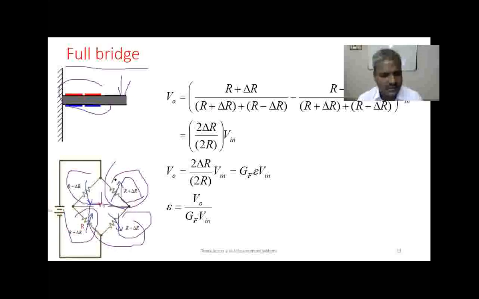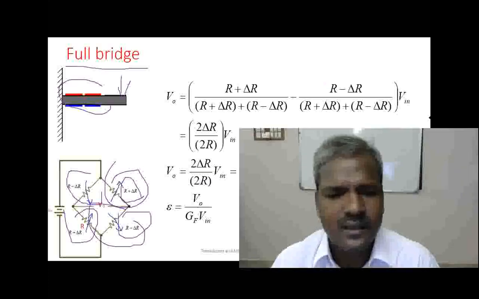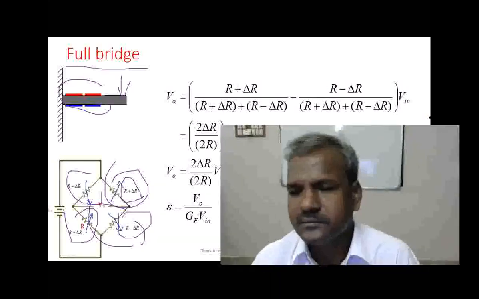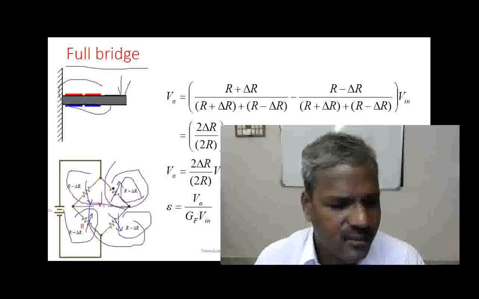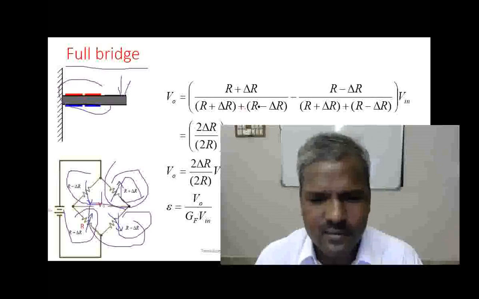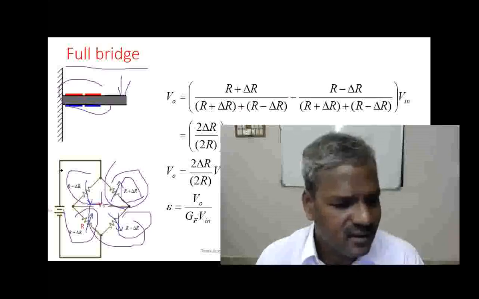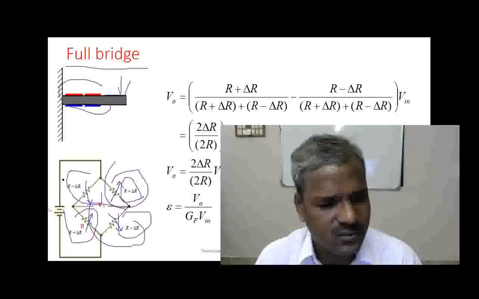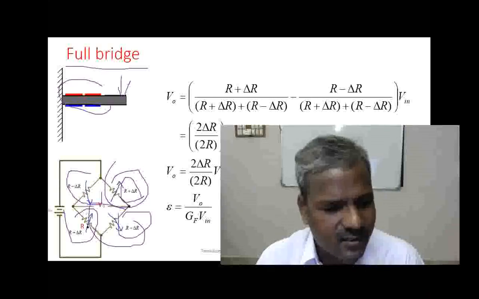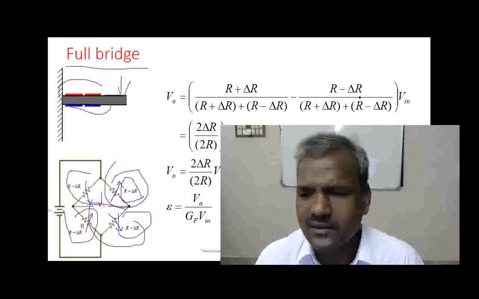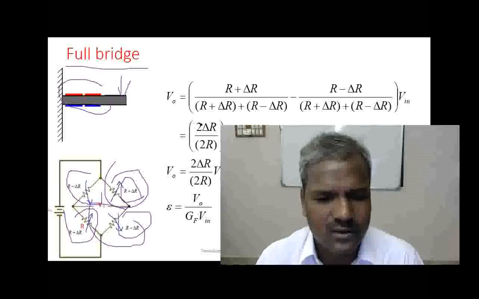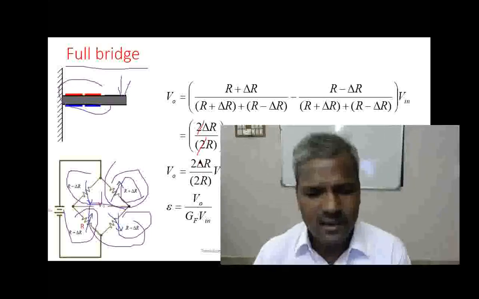When we apply the same principle, you see here, R plus del R divided by the total R plus del R plus R minus del R, minus the difference between these two, R minus del R divided by R minus del R and R plus del R. So you get 2 del R by 2R, the 2s cancel, and finally you get only del R by R into V in.